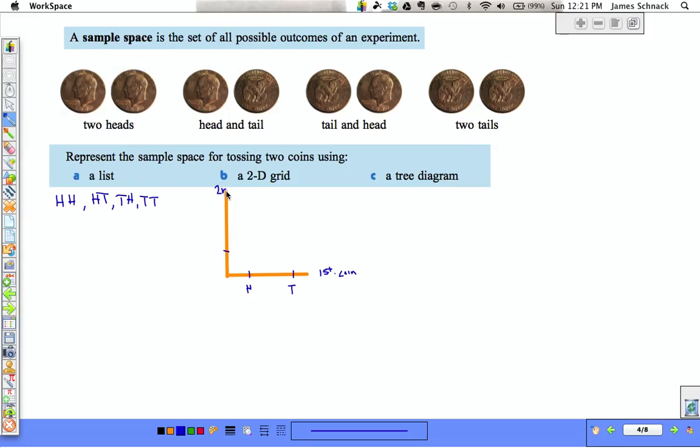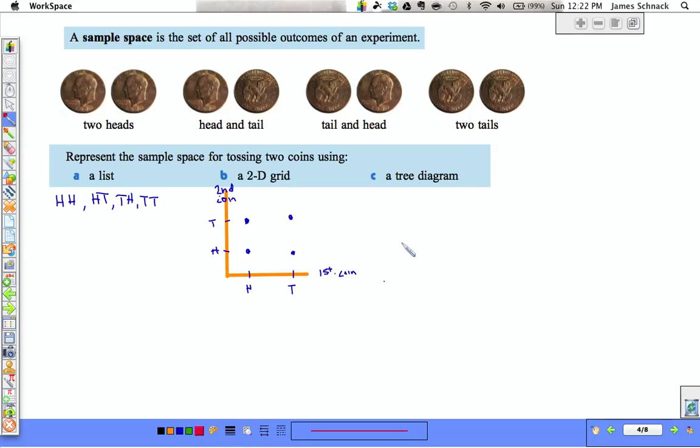Second toss, second coin, we could have heads, we could have tails. And we're going to plot points just like on any coordinate plane. There are 4 outcomes. This dot represents head, head. This represents head, tail. This represents tail, head. This represents tail, tail. These points have ordered pairs, but instead of being numbers, they have H's and T's.